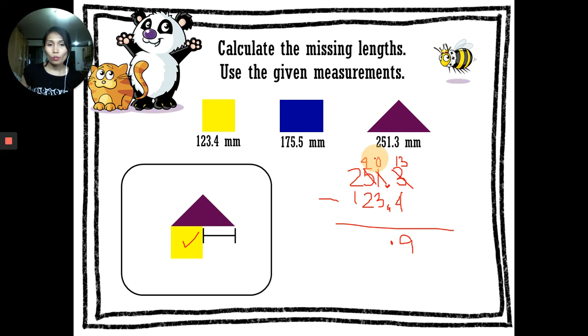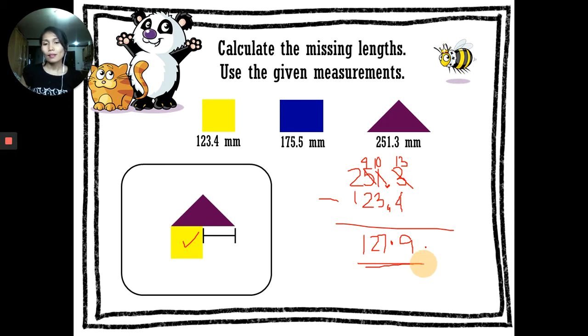We will write down 1 to the ones place. So that will become 10. 10 minus 3 equals 7. 4 minus 2 equals 2. And 2 minus 1 is 1. So that's our answer.